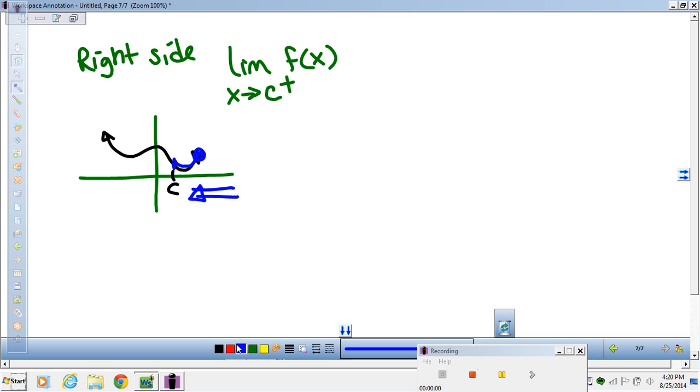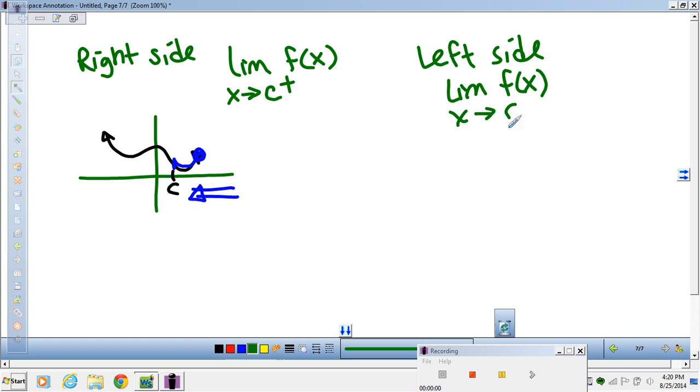And then a left-handed limit from the left side, you'll see the notation like this: the limit of f of x as x approaches c from the left with the little minus sign. That means I'm approaching it this way from the left. So coming from the left, travel along the line until I get to c there again. Alright, that's the whole one-sided limit thing.